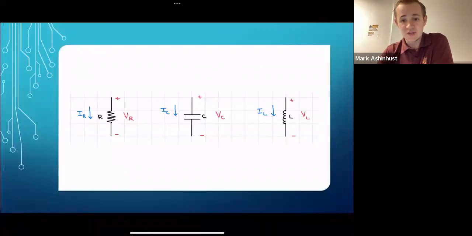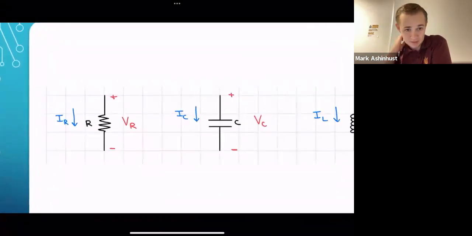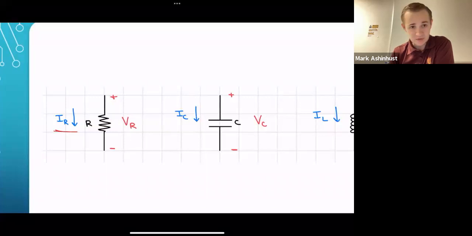Passive sign convention is written like this, any form that's like this. So these three are a resistor, capacitor, and inductor. It doesn't change much of what's happening. If we take a look at the resistor, we have our current IR, and we have our voltage polarity with the positive on the top and negative on the bottom.